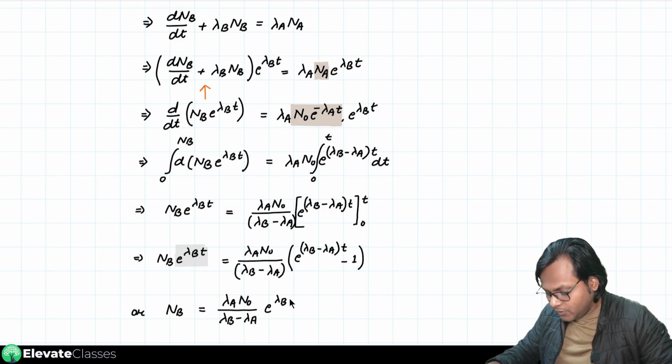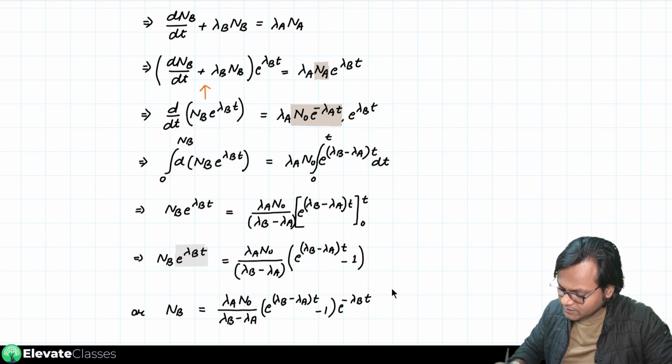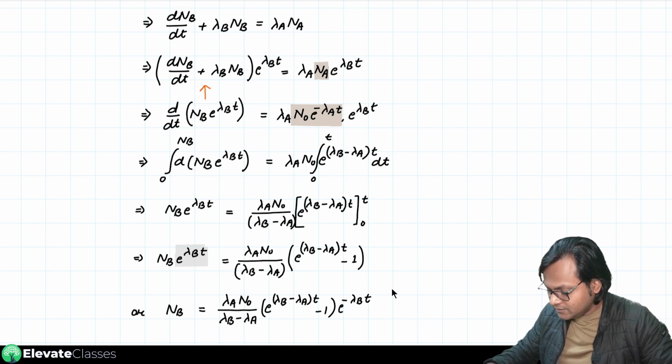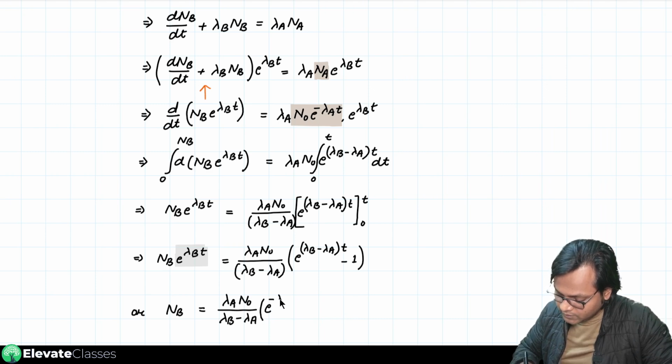If I take e to the power lambda B t to the right, it becomes e to the power minus lambda B t. So the e to the power minus lambda B t gets cancelled with the first term, and I am just left with this expression essentially: e to the power minus lambda A t minus e to the power minus lambda B t.